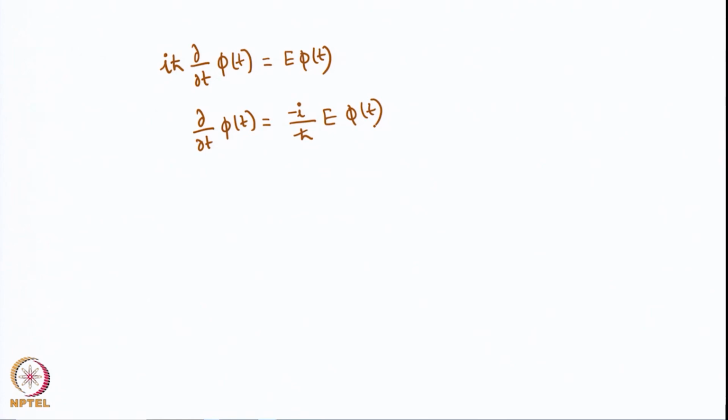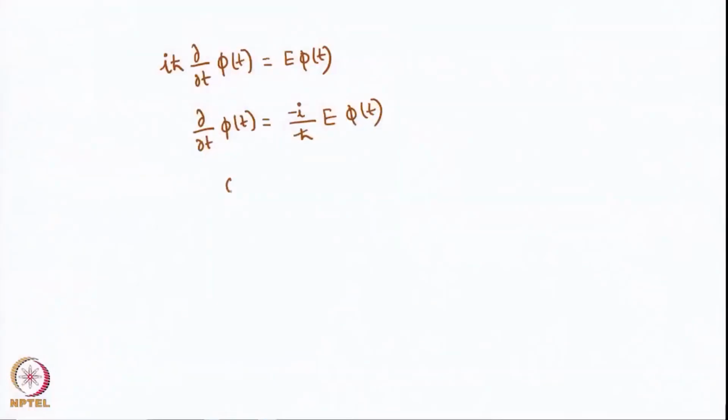So, essentially when I operate the d by dt operator on phi of t, I will get minus i by ħ E as an eigenvalue. Now, this means I can solve this first order differential equation very easily.